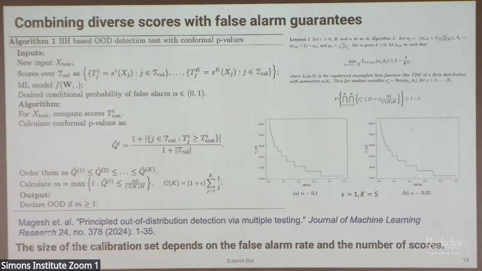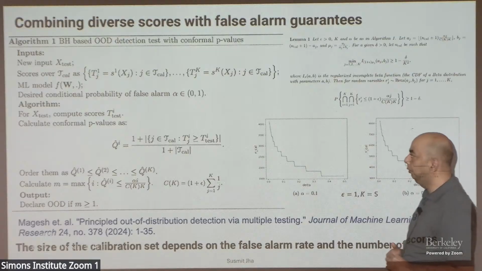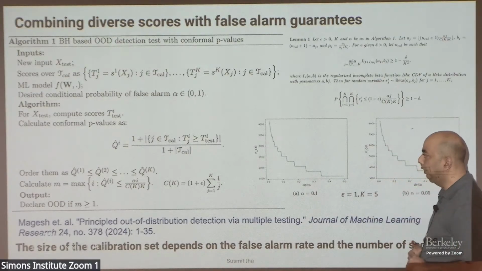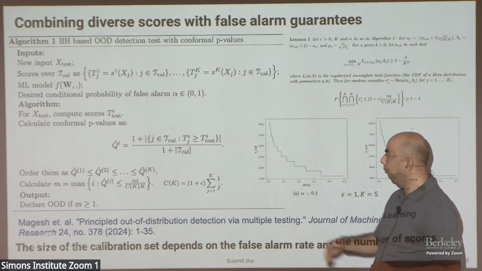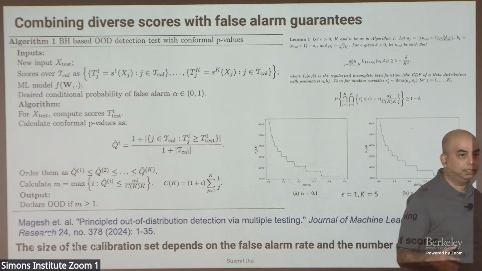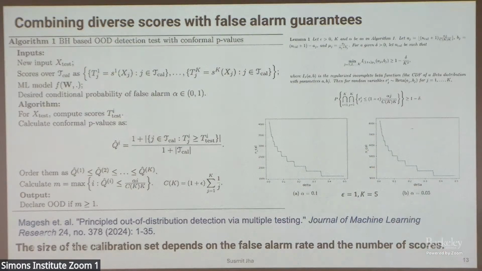But once you have it, we can compute the score for each of those different methods for OOD detection. Then we compute the p-value by taking the calibration set, computing the corresponding scores there, and looking at the fraction of points in the calibration set which have a higher score, and use that as the p-value for that particular score.